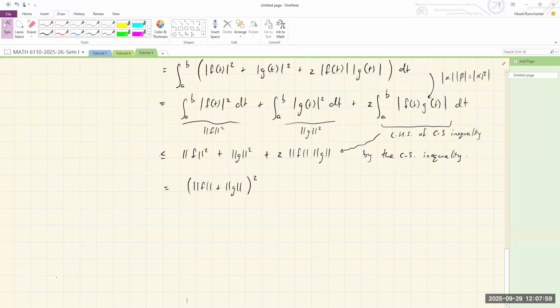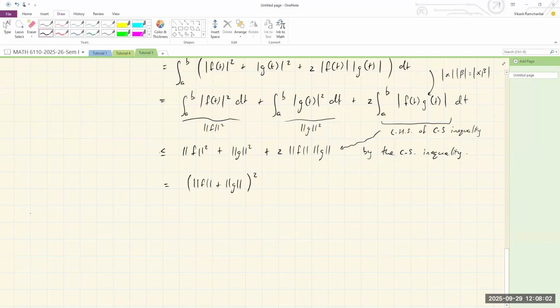Or if you want to, we can write out a statement. We'd say maybe hence the norm of f plus g all squared is less than or equal to this guy, norm f plus norm g, square all of that. So square root both sides, because again, these are non-negative numbers.